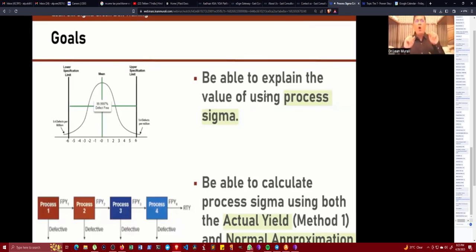All of you would agree that every process has a process specification. How many of you agree? Please type agree in the chat box. If there are 4 processes, each process has a capability.